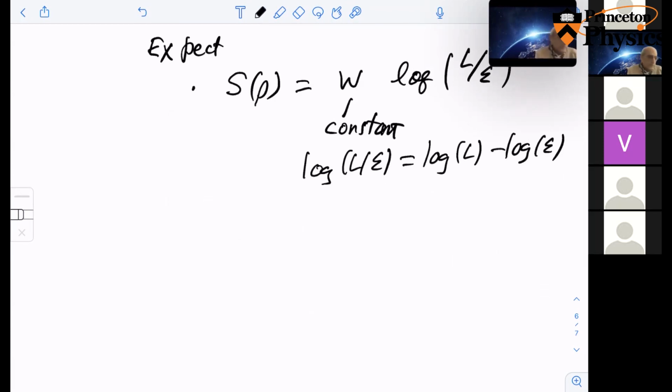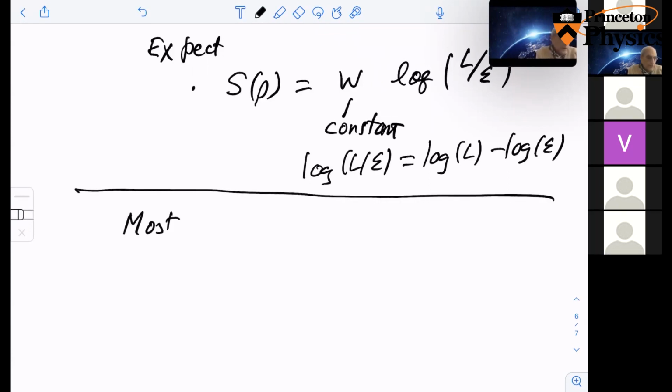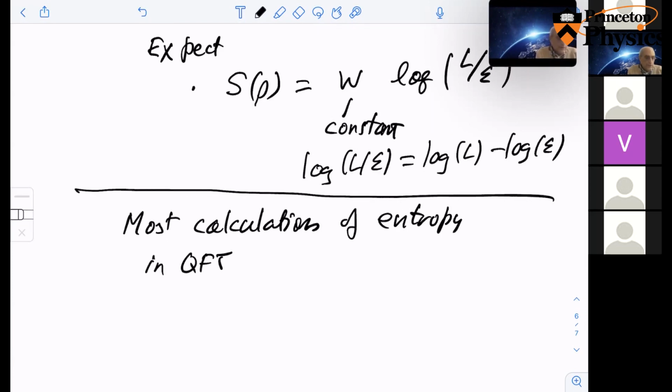Now, most calculations of entropy in quantum field theory use the replica trick.